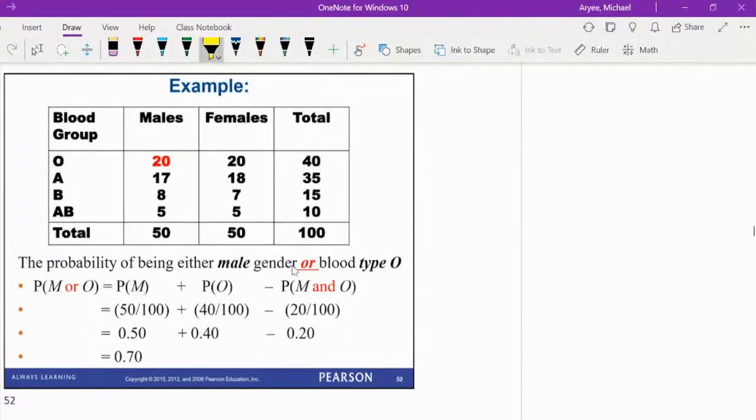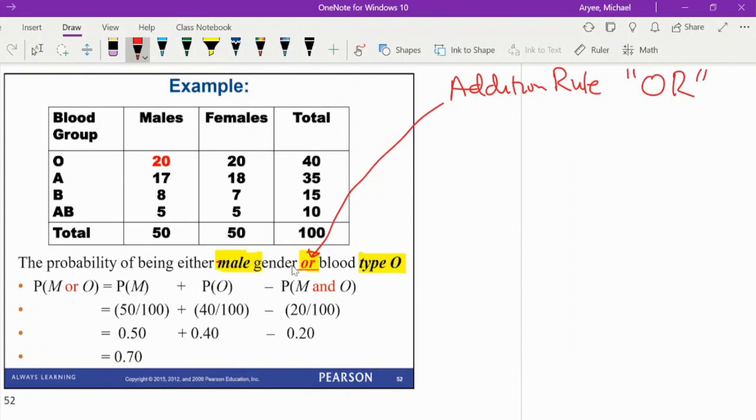So you've been given a crosstab table. Most of your homework would be in the form of crosstab anyway. They told you to find the probability that it's male, and then they bring a keyword: or type O. So when you see this key phrase "or," it means use the addition rule. The addition rule comes with the key phrase "or."